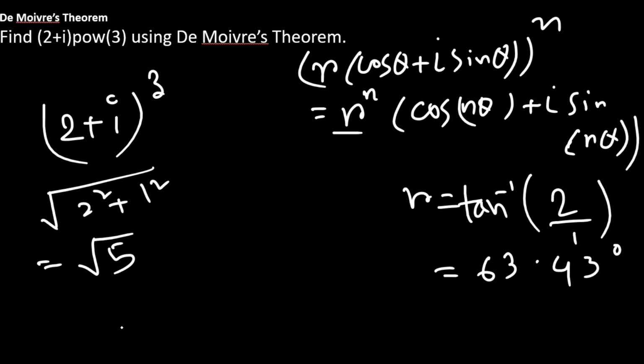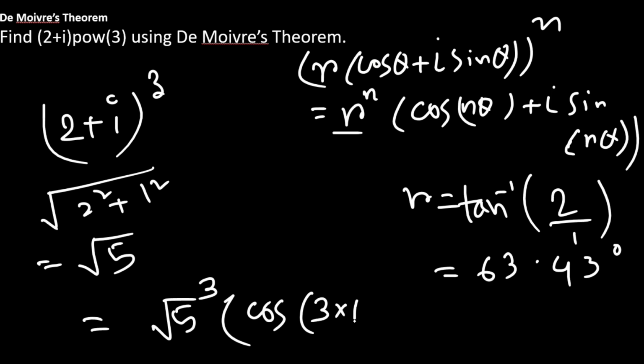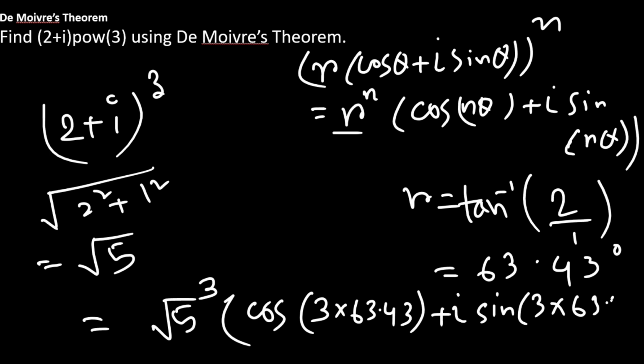So here we can put down root 5 to the power 3, so root 5 cube, times cos n theta, where the value of n is 3 times 63.43, plus i sine, with parenthesis, where n is again 3 times 63.43.